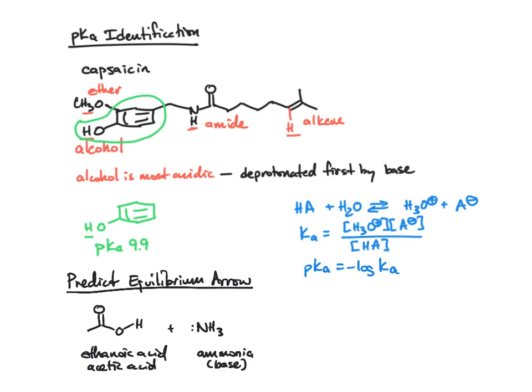It accepts the proton. So another way of saying that is that lone pair is going to abstract that acidic proton. What's the pKa of a carboxylic acid? So 4.75. I'm going to write that number here in blue.